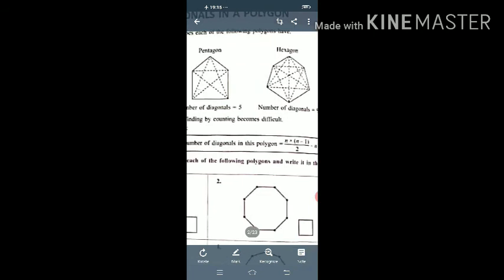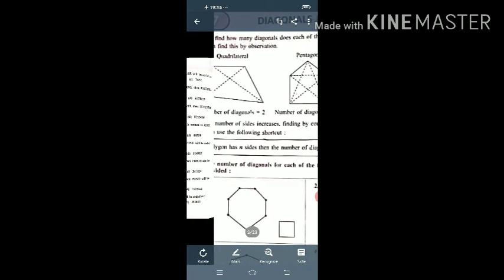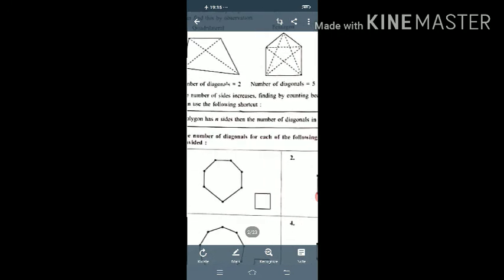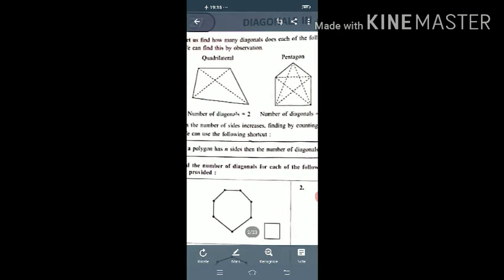Then minus n, that is 6 minus 4, the result is 2.